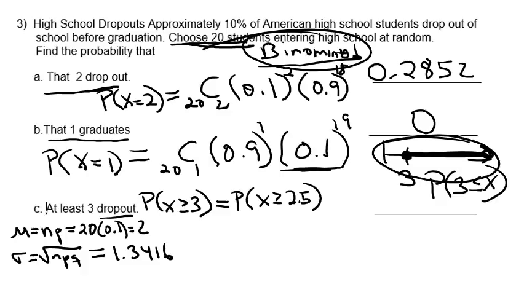All right, now how do I get to the table? I get to the table by subtracting the mean, right? And dividing by the standard deviation.